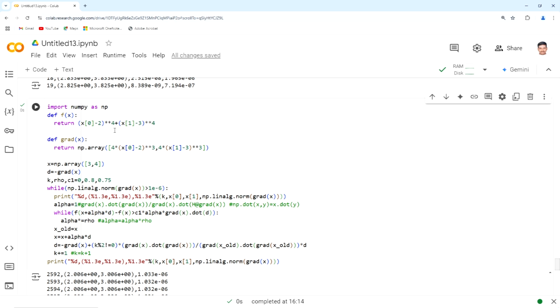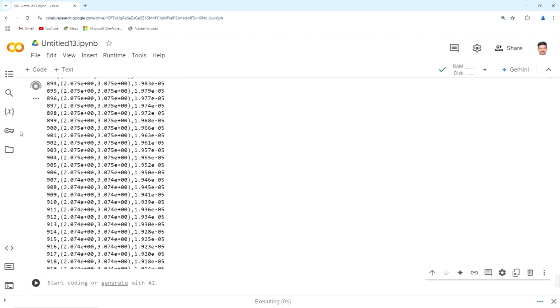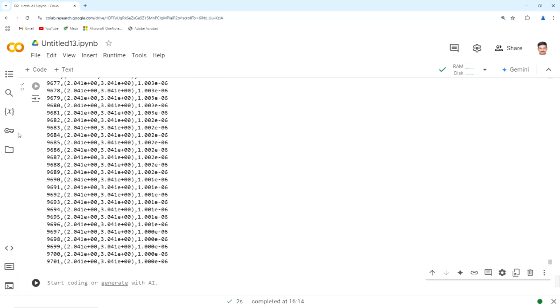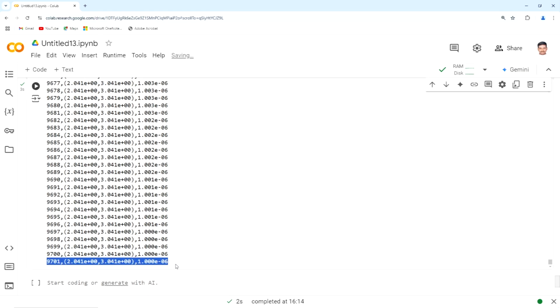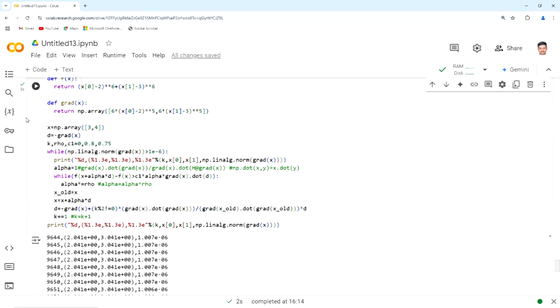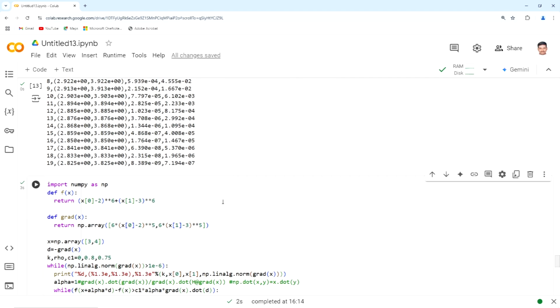And similarly, if I change it maybe to 6, so that I do not want to test your patience by making you wait for long. So, it has taken 9701. Okay. So, what is the moral of the story?